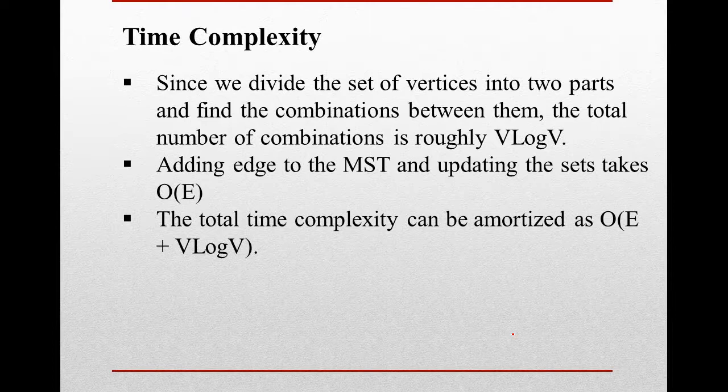So the number of combinations is in the order of V log V, and adding an edge to the MST takes, because there we are doing some activities, some operations like updating the visited set, unvisited set, and all those things. So that takes order of E. So together the time complexity can be amortized as order of E plus V log V.